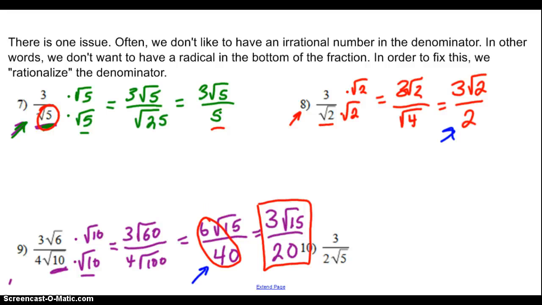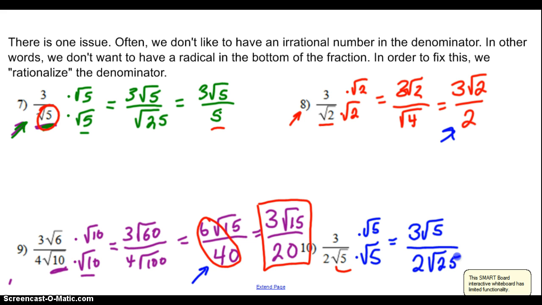Alright, so here's the answer to number 10. Let's see. I've got the square root of 5 in the bottom of my fraction, and I need to get rid of that. So I'm going to multiply both the top and the bottom by the square root of 5. Okay. My numerator becomes 3 square root of 5. My denominator becomes 2 square root 25. And let's see.